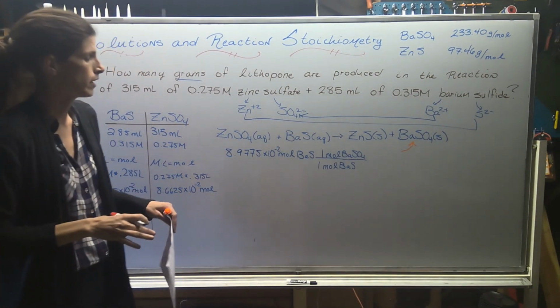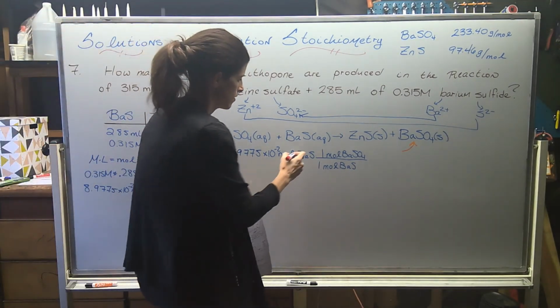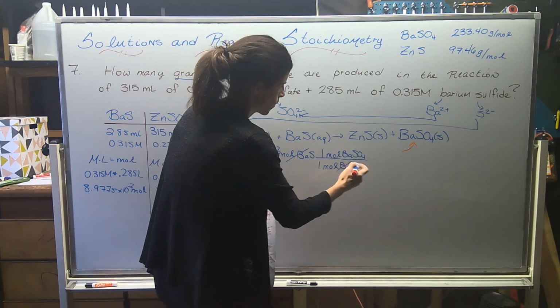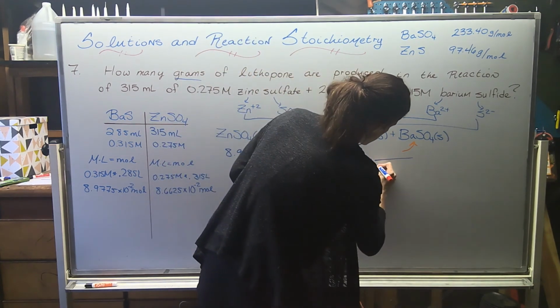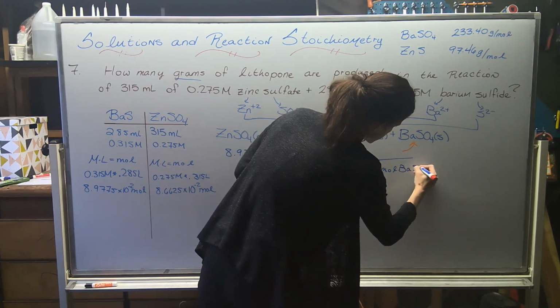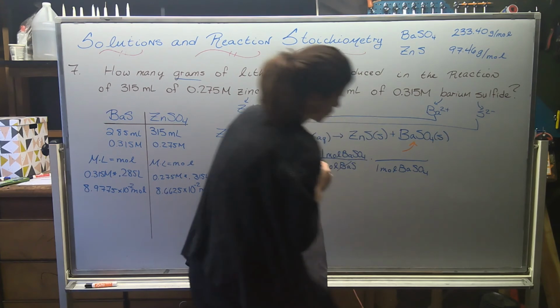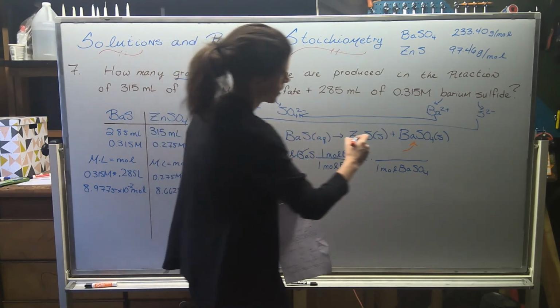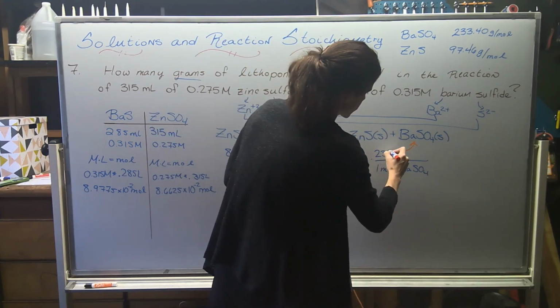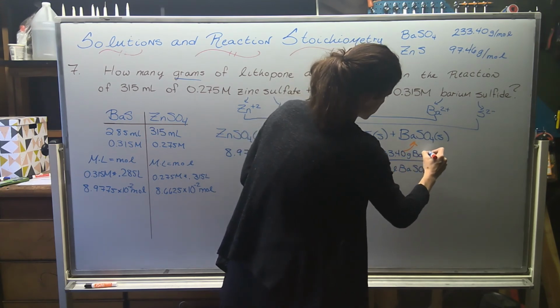So at this point, again, because they're asking me for grams, I'm going to take this stoichiometry one step further and convert it to grams. So 1 mole of barium sulfate has 233.40 grams of barium sulfate.